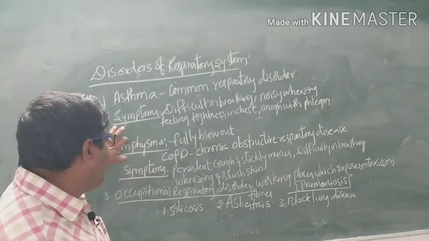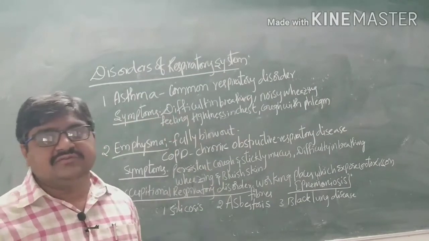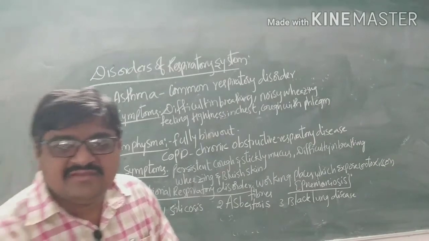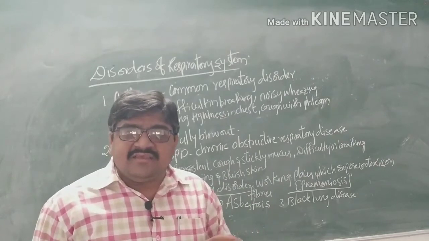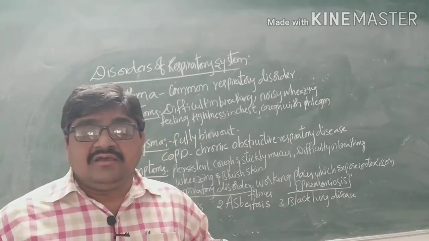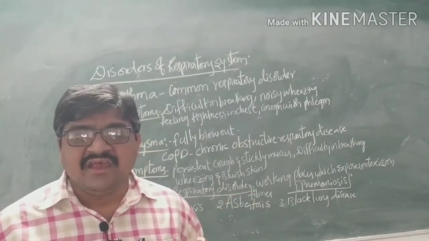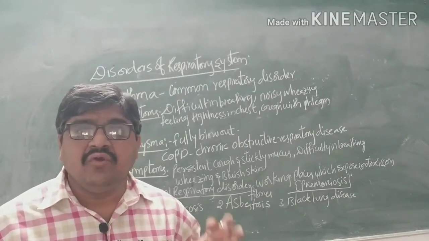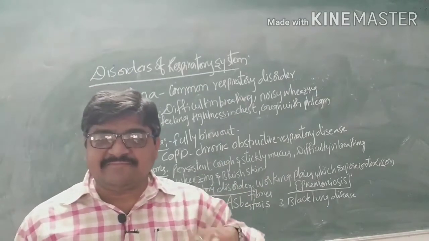And emphysema means fully blown out. When expiration takes place, that means carbon dioxide leaves into the environment, but here some amount of carbon dioxide is left over in the air sacs only. In emphysema the air sacs stay filled with air even when it is expelled outside.